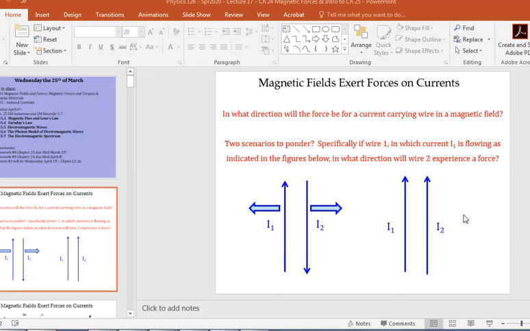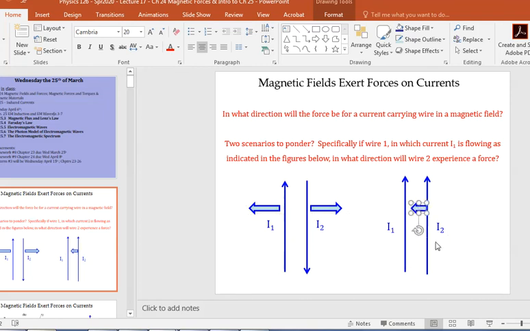My middle finger, that's the velocity of these charges moving upwards. The index finger is going into the screen, and then my thumb is pointed in the direction of the actual force. So index finger up, middle finger into the screen. It looks to me that this is going to generate a force that pulls this guy, and here I'll just make the arrow a little smaller so you can see it. It's going to be pulling this I2 in towards I1.